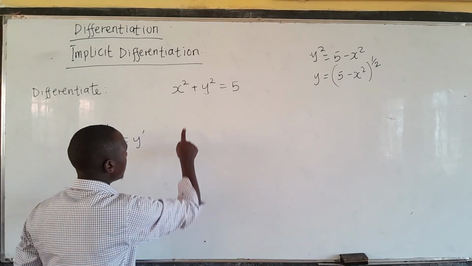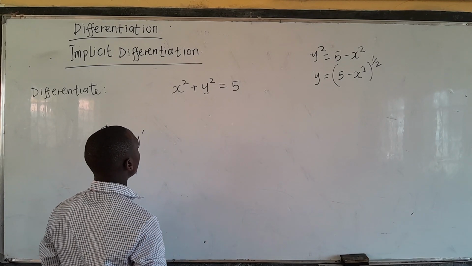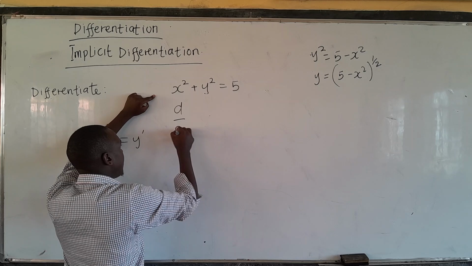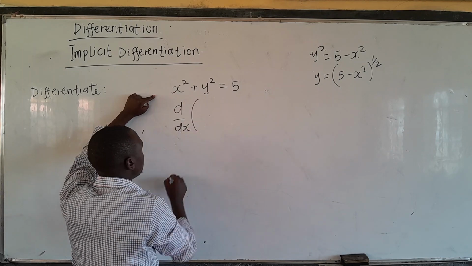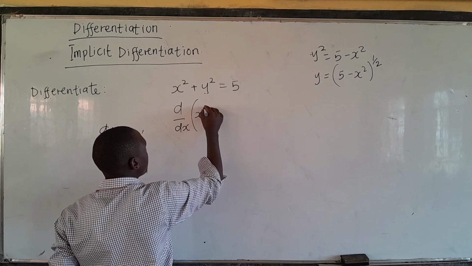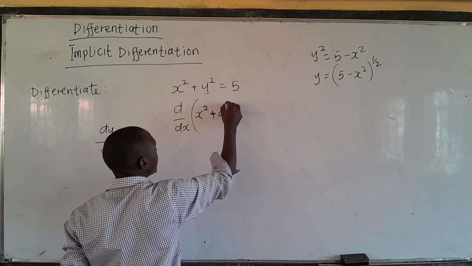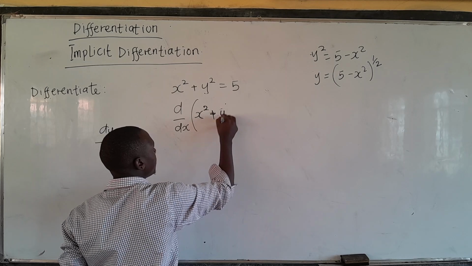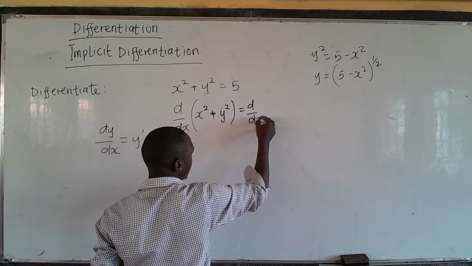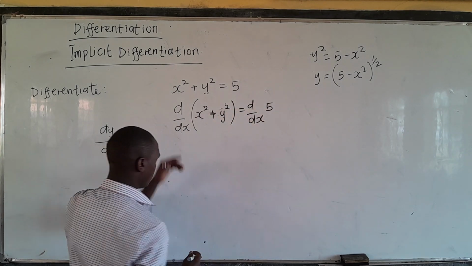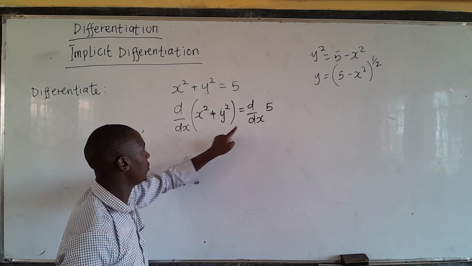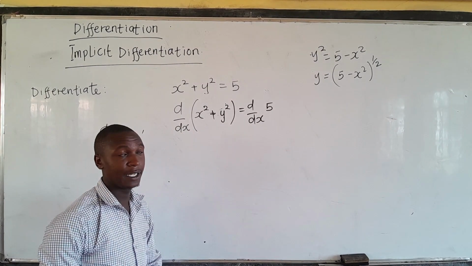So for us to do that, we begin by applying d over dx to both sides. So we have d over dx of x squared plus y squared equals d over dx of 5 on the right side. You notice we have not changed anything, because if you divide both sides by d over dx, you go back to where we were.